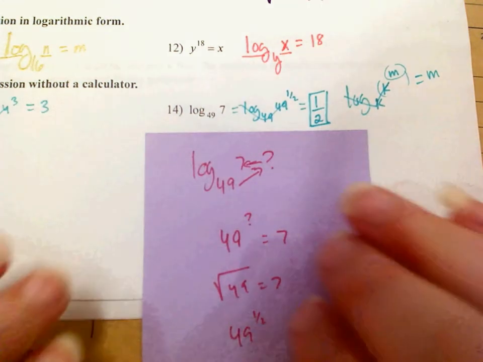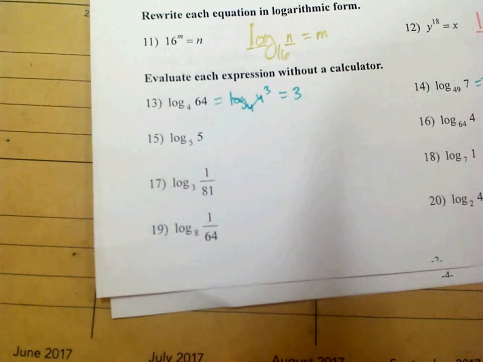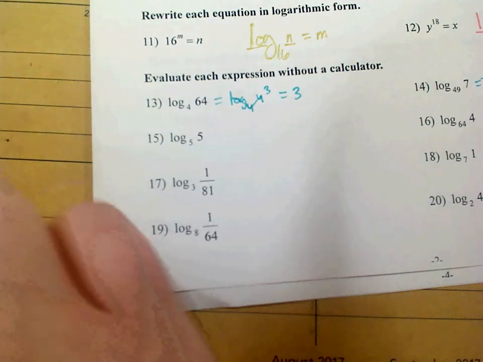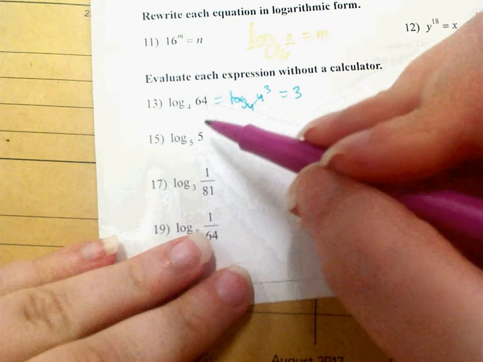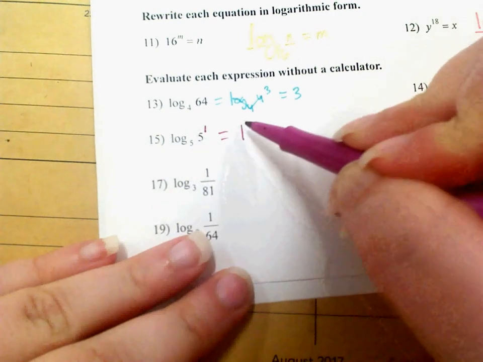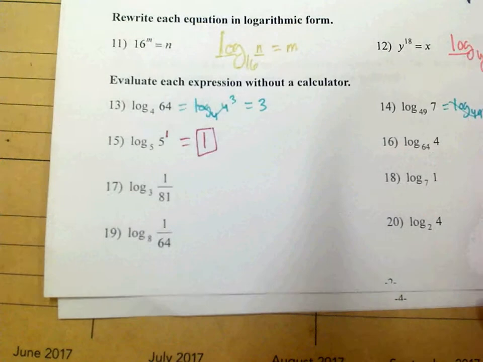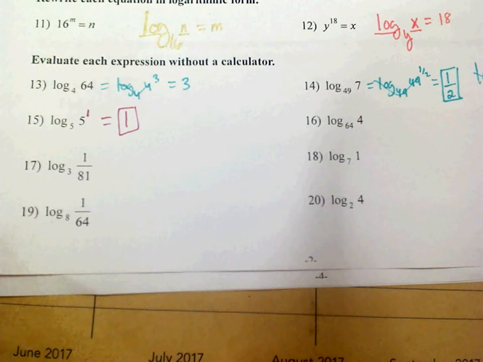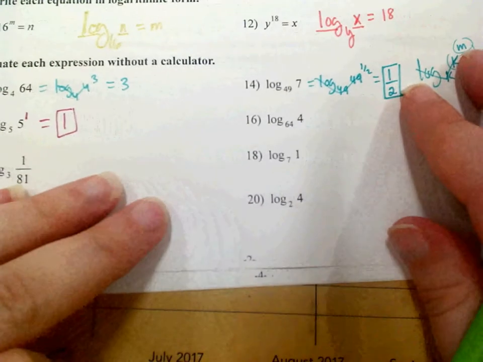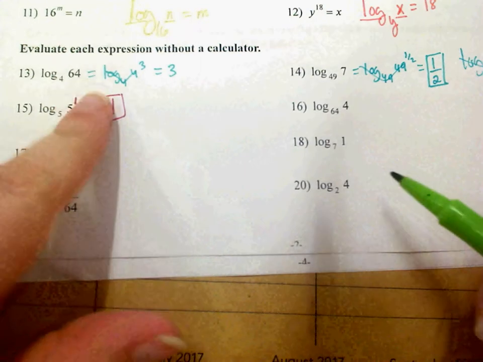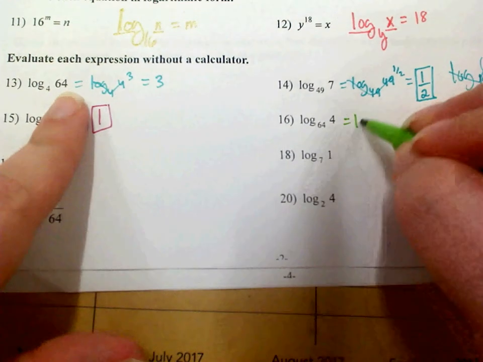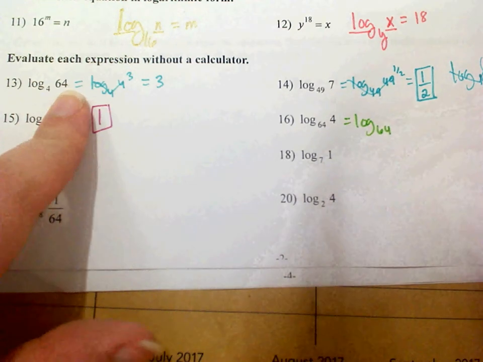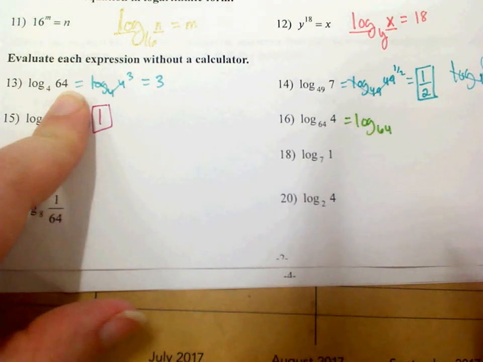So on number 15, it's a base 5 and it's a power of 5, they're both bases of 5. Base of the log, base of the exponent, is an understood 1, so the answer is 1. 64, well, just like over here, we said 64 is 4 cubed, which means 4 is what, guys? 64 is the cubed root, right?